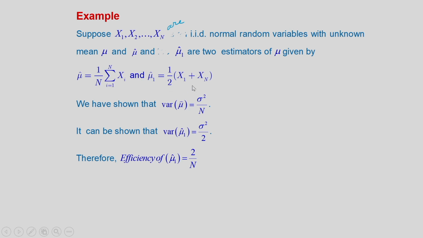Now, both are unbiased estimators, and we see that the variance of mu hat, the sample mean, is equal to sigma square by n, and using the same formula with n equal to 2, the variance of mu 1 hat will be equal to sigma square by 2. Therefore, if I consider the ratio of this quantity divided by this quantity, we will get 2 by n. So, this is the relative efficiency of estimator mu 1 hat with respect to mu hat.